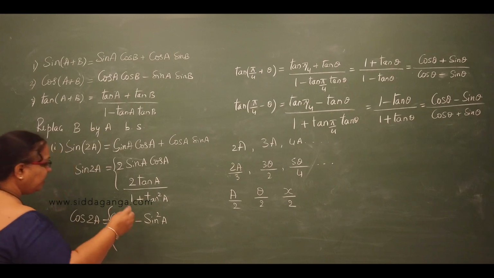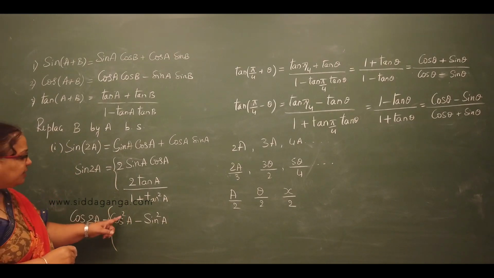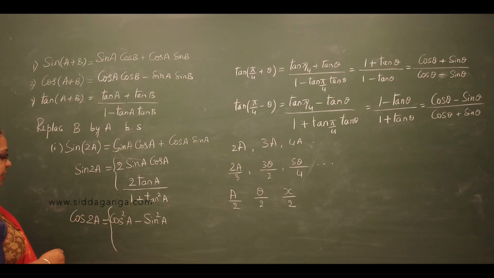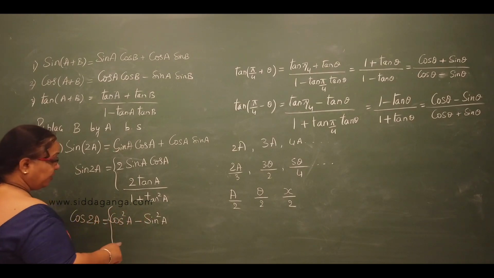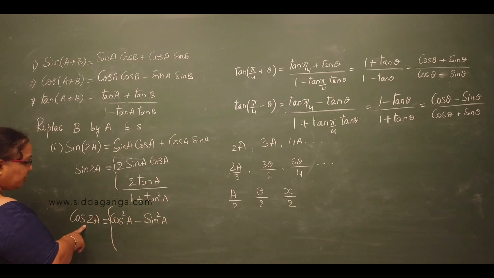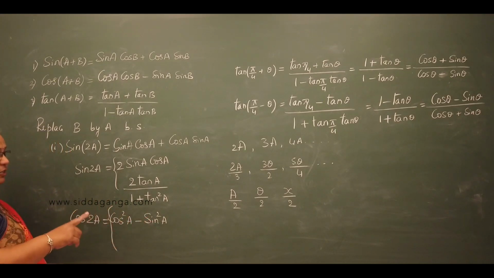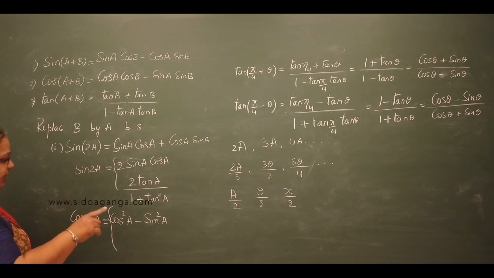Since squares are there in the ratios, we can use the identity to express cos 2A only in terms of the sine ratio and also only in terms of the cos ratio.